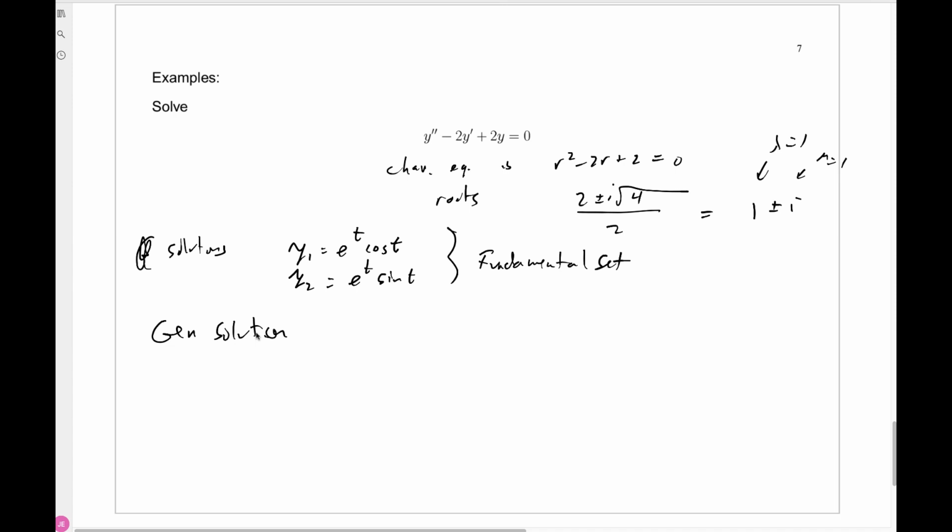The general solution is y equals e to the t times a cosine t plus b sine t. This is just a times y1 plus b times y2, which again I'll write as y equals e to the t times r times cosine of t minus delta, where the r and the delta are just as before.